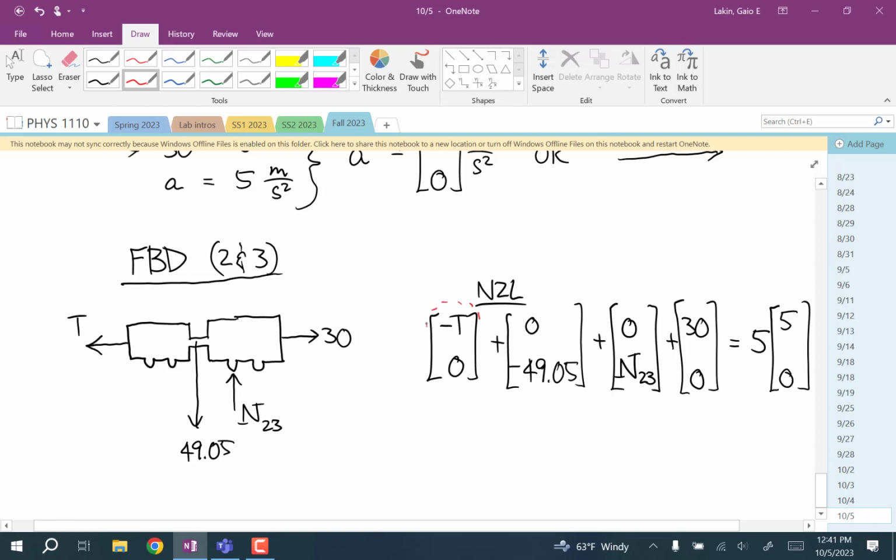And this is the force we're trying to calculate, so all we need is that variable T.